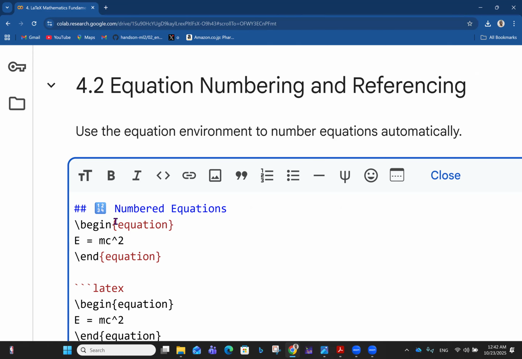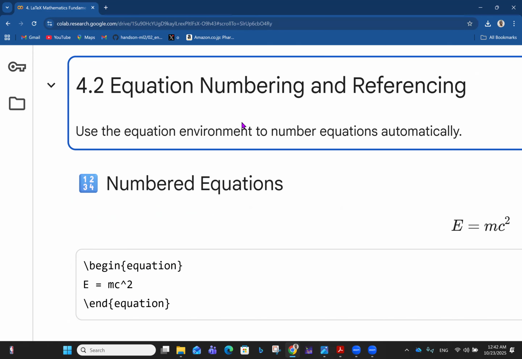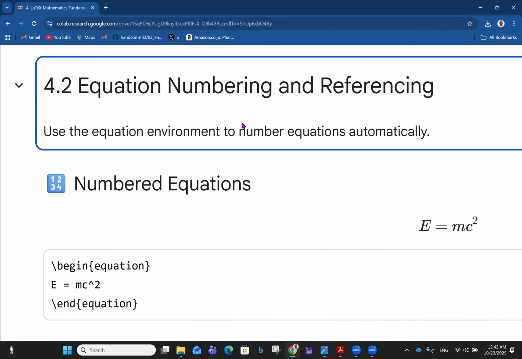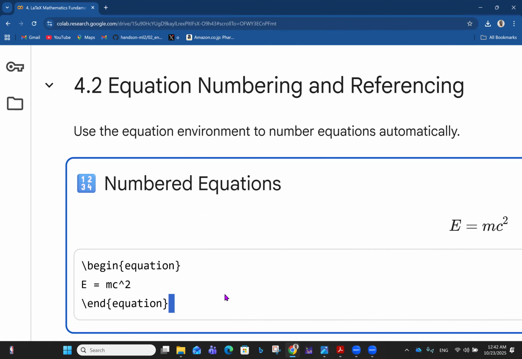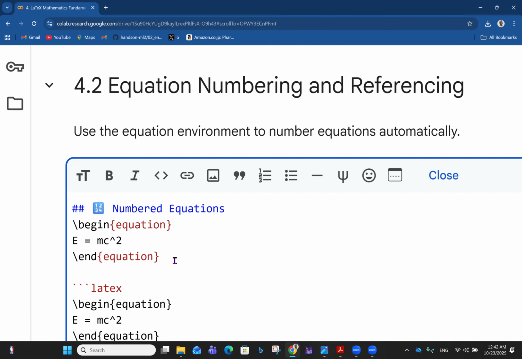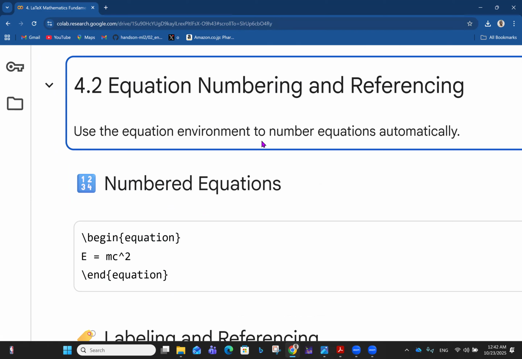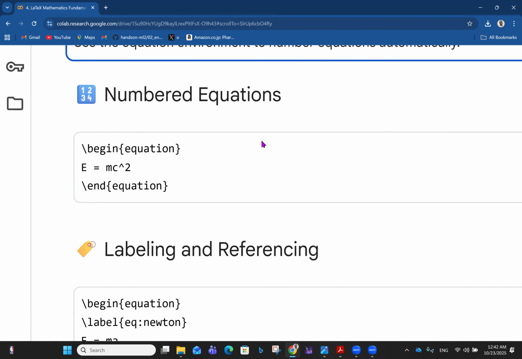Begin equation and end equation. It should be numbered. Okay, that's fine then. Let's just wait till we do the mini project, and then you see all of these things playing out. So you can number your equation with begin equation, end equation, especially if you're dealing with one equation.